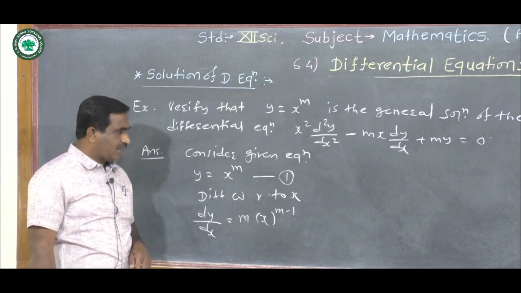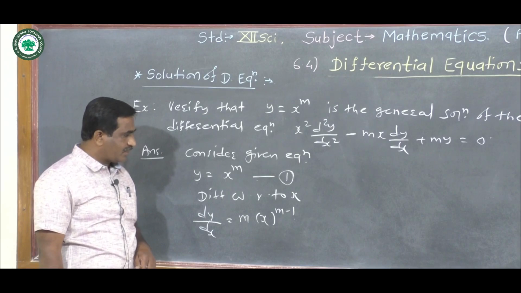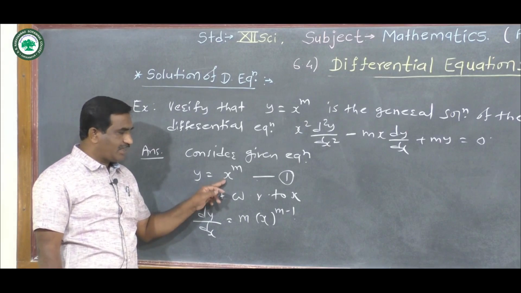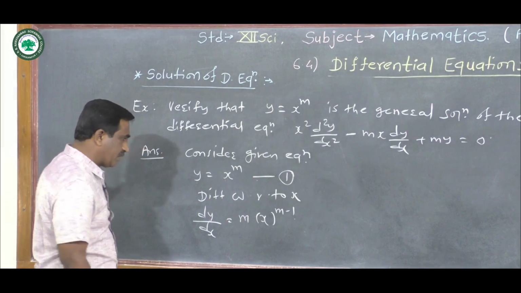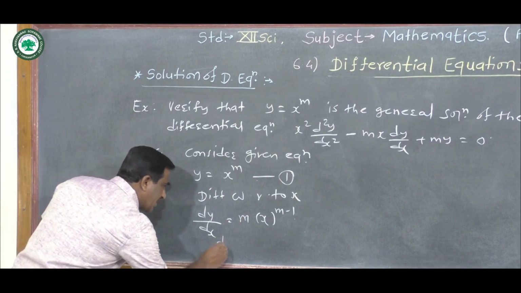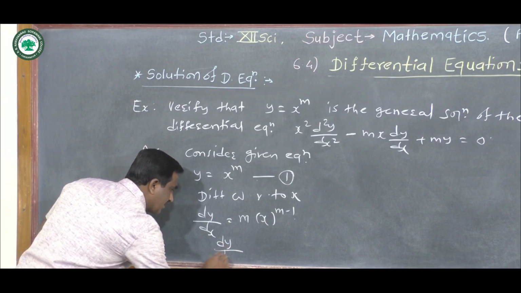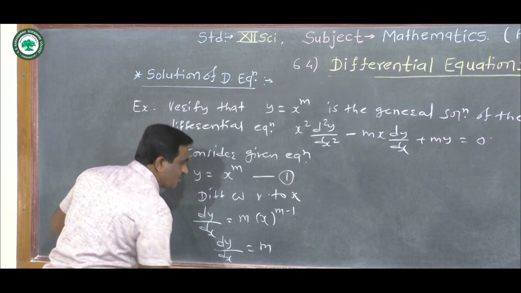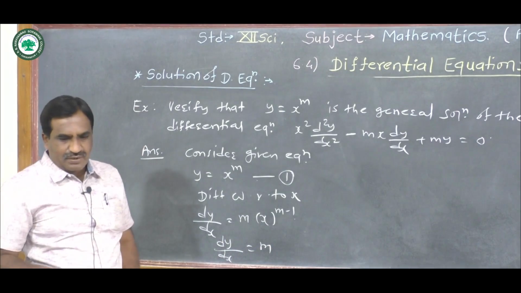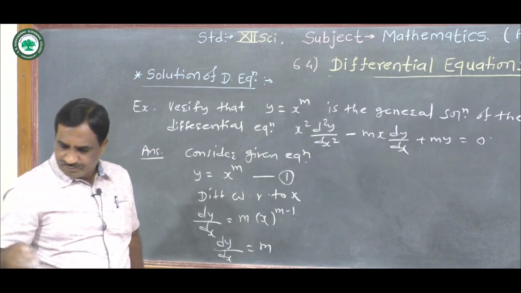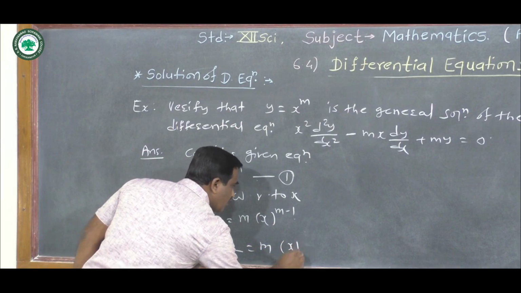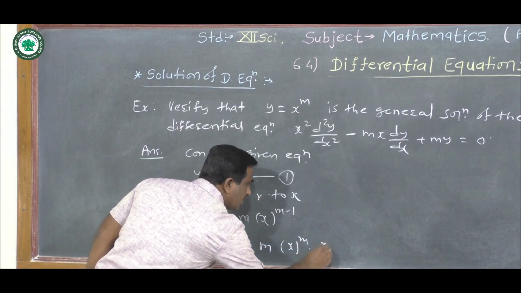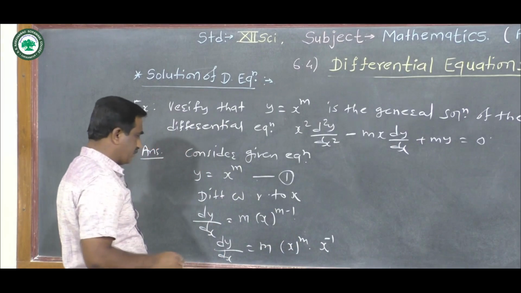Using the formula derivative of x raised to n is n into x raised to n minus 1, derivative of x raised to m is m into x raised to m minus 1. Therefore further we can write dy by dx is equal to m into x raised to m minus 1, which can be written in the form x raised to m into x raised to minus 1.